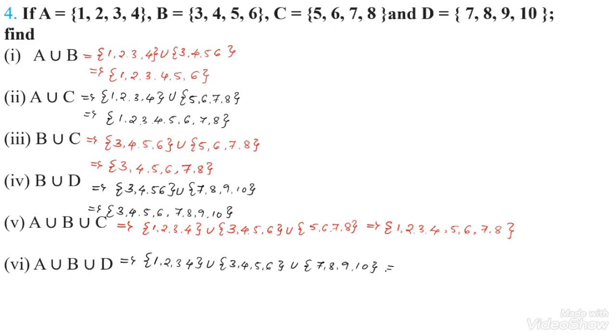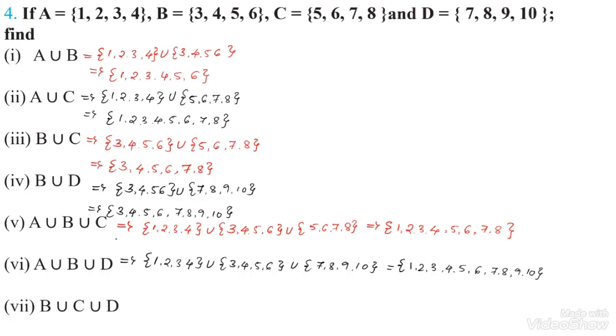After that, I have to write all the elements here. That is 1, 2, 3, 4, 5, 6, 7, 8, 9, 10. This is the A union B union D.